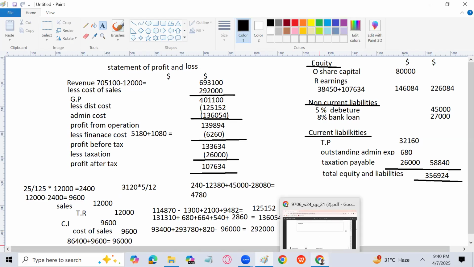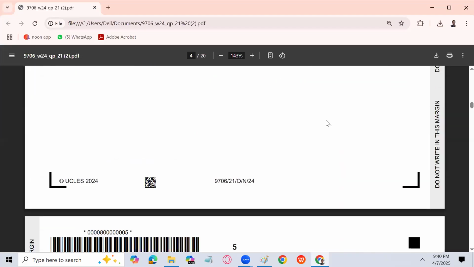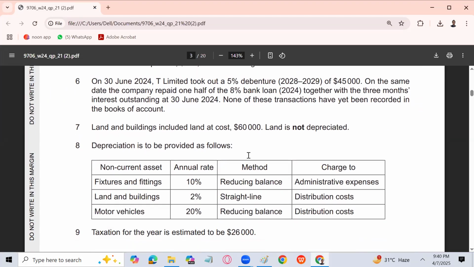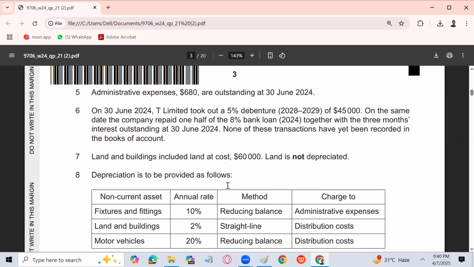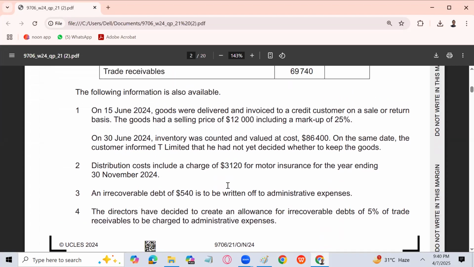And this is the question of October, November 24, 21, where we have prepared some part of the liability side of the balance sheet and statement of profit and loss. And there was a little bit of confusion regarding the debentures, which we are done with. Depreciation is normal, taxation is normal, prepaid and outstanding admin expenses are normal, bad debts and provision. We subtract bad debts first because they are bad debts not yet written off.